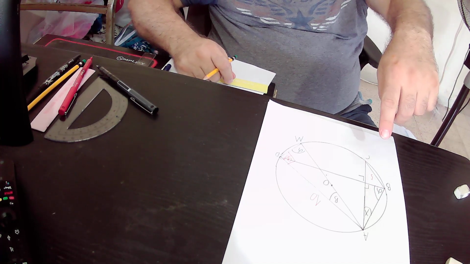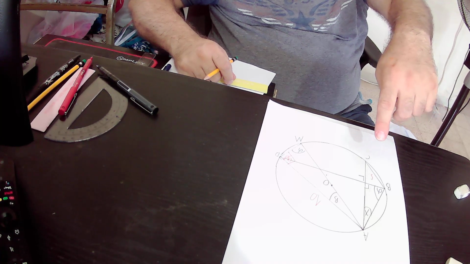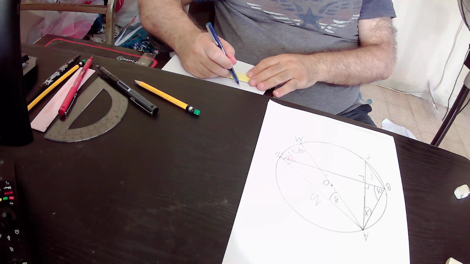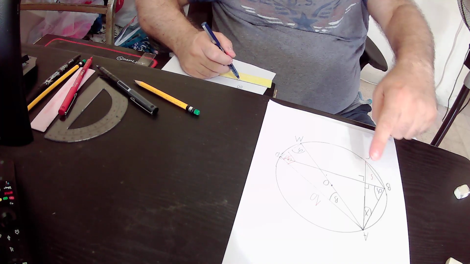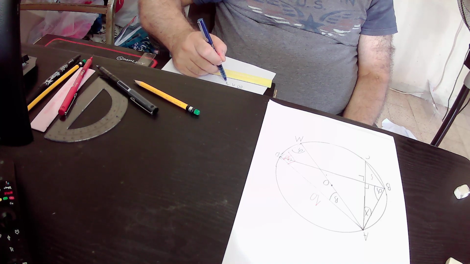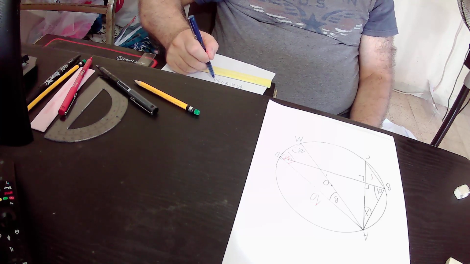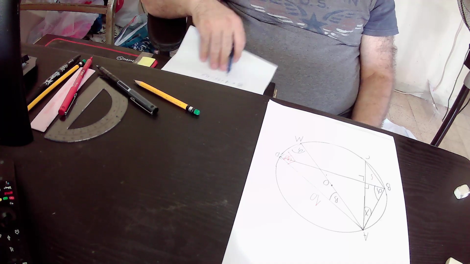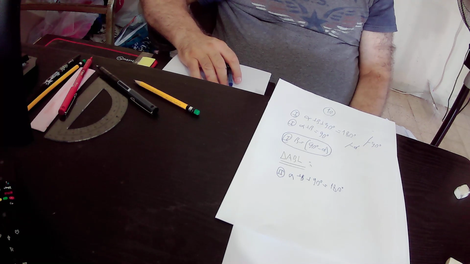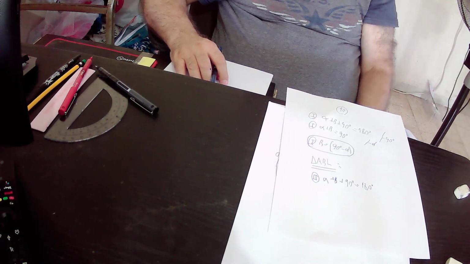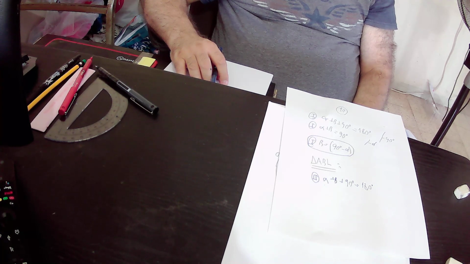So we will create the second equation that states that the sum of the angles in the right triangle ABL equals 180 degrees.